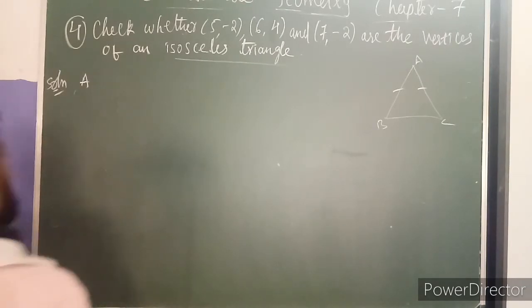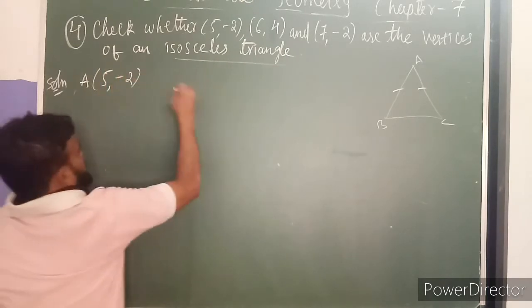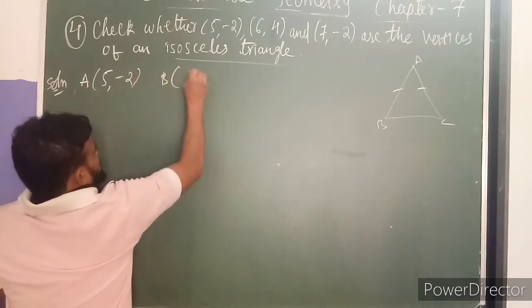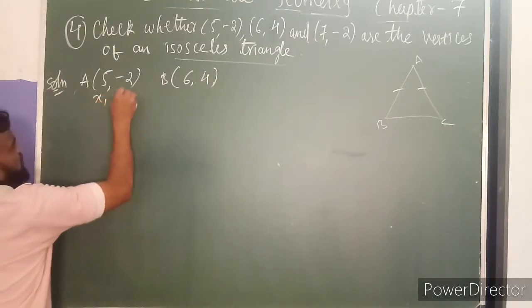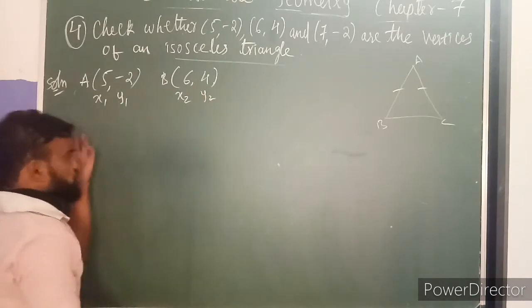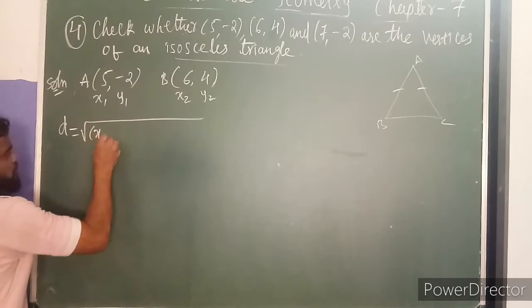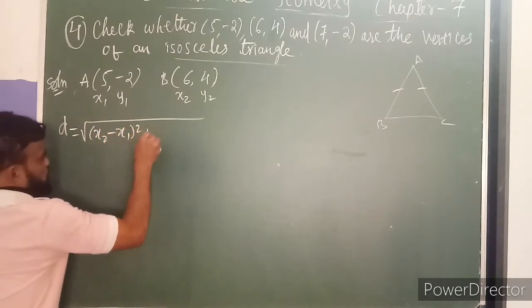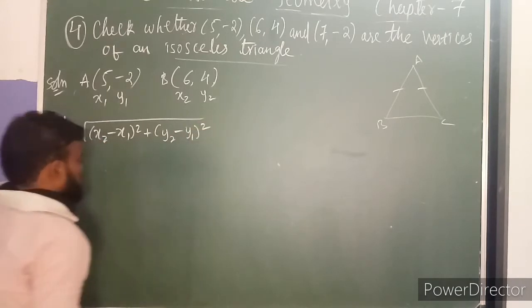So here A is given as 5, minus 2 and B is 6, 4. Now we have to put in the values x1, y1 and x2, y2. The distance formula we have to apply: d is equal to x2 minus x1 whole square plus y2 minus y1 whole square.